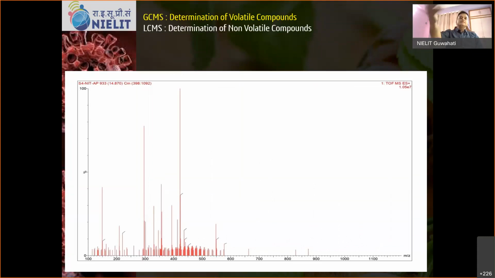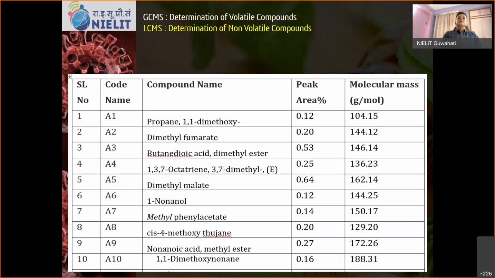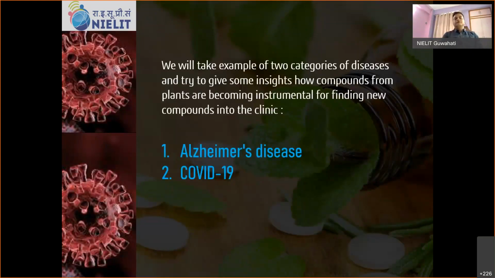We can determine the compounds from the peaks, and after getting the compounds, we can study those compounds against different disease causing agents. Through what? First, through computer aided drug discovery. So the first prerequisite, as I have mentioned, is we have to have an indigenous, our own database of compounds.